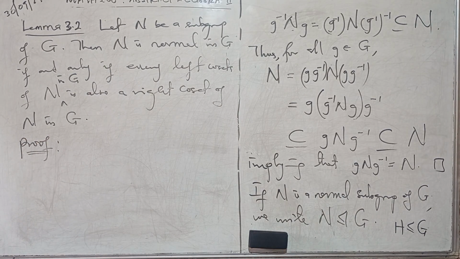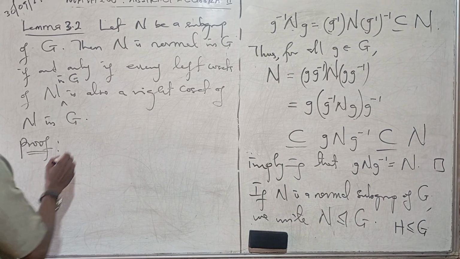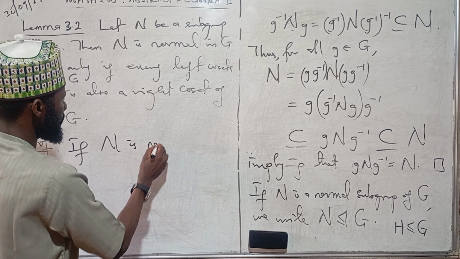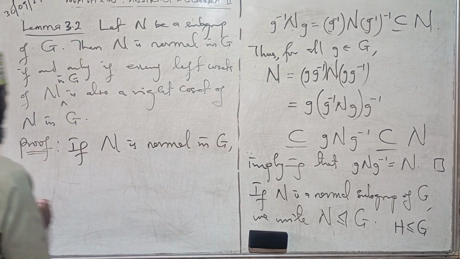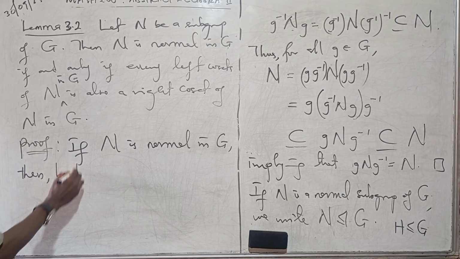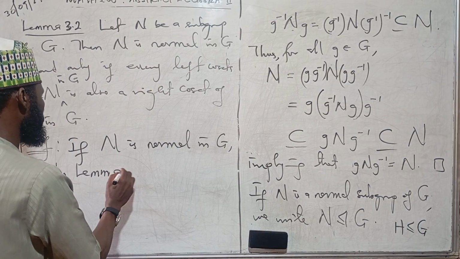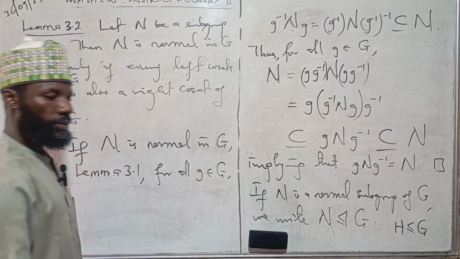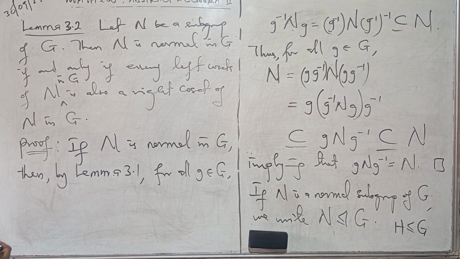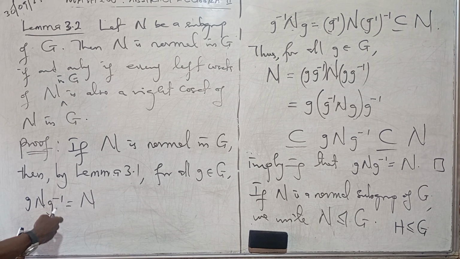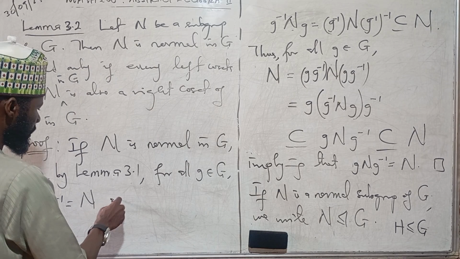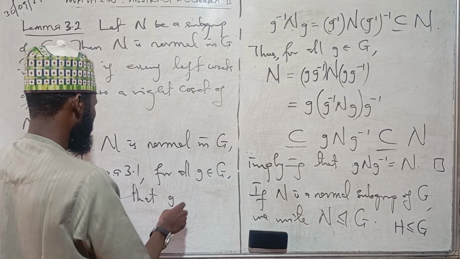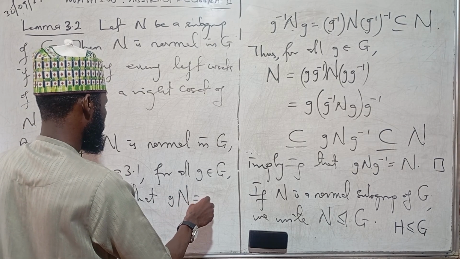We can prove this. Well, if N is normal in G, then by Lemma 1, which we have just proved, Lemma 3.1, for all g in G, what was that? gNg inverse is equal to N. From this, I can cancel g from the right, so that gN is equal to Ng.